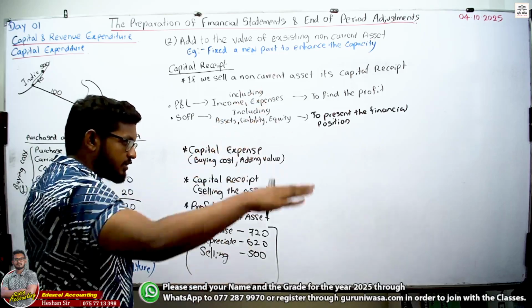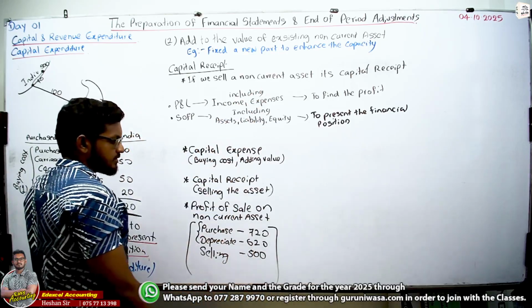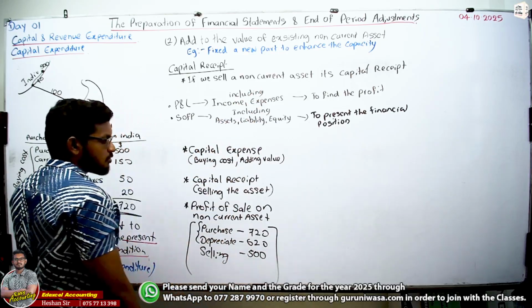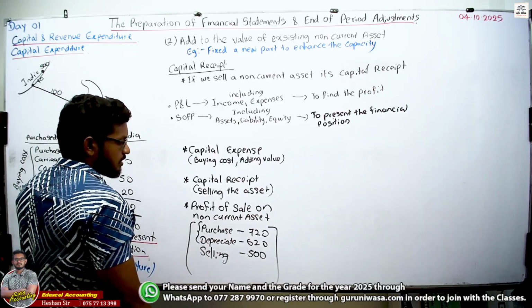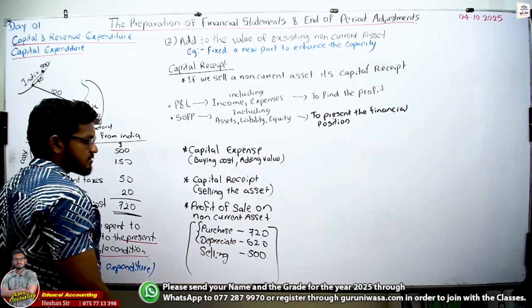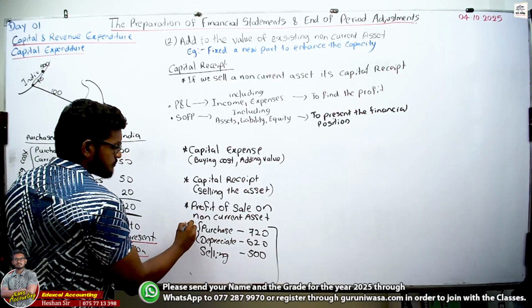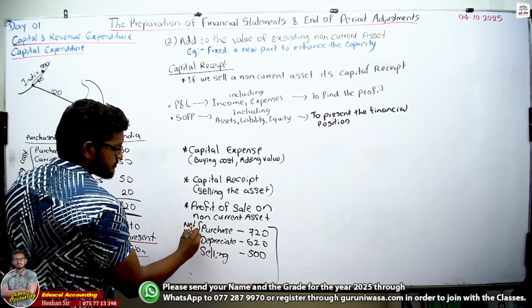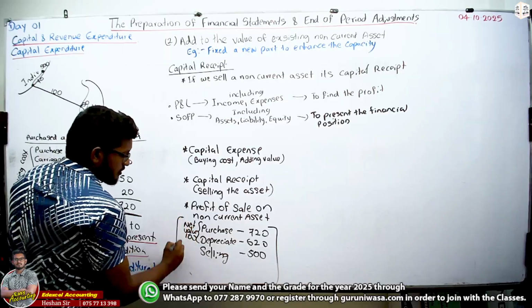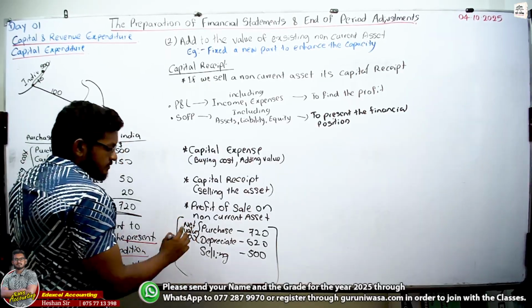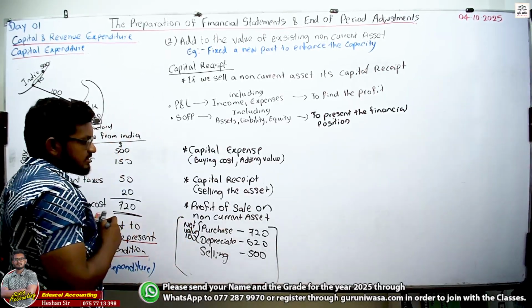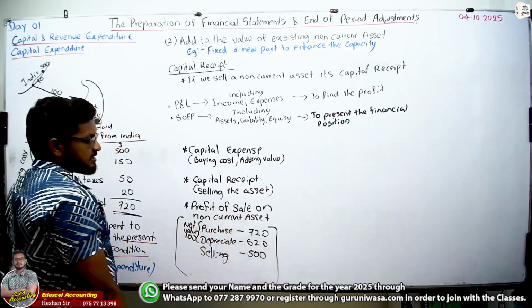Depreciate means we decrease the value to 620, which means the net value is, how much? 100, right? So net value is 100. Now, when we sell, we consider the net value, purchase price minus the depreciation.